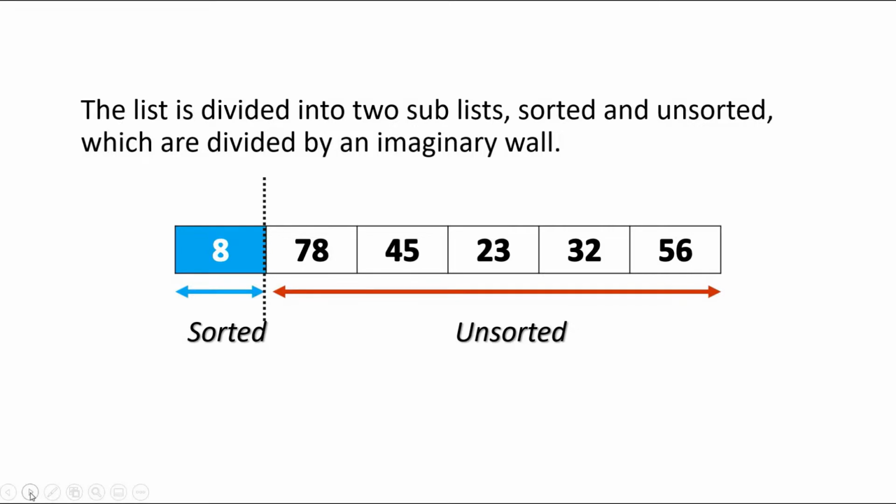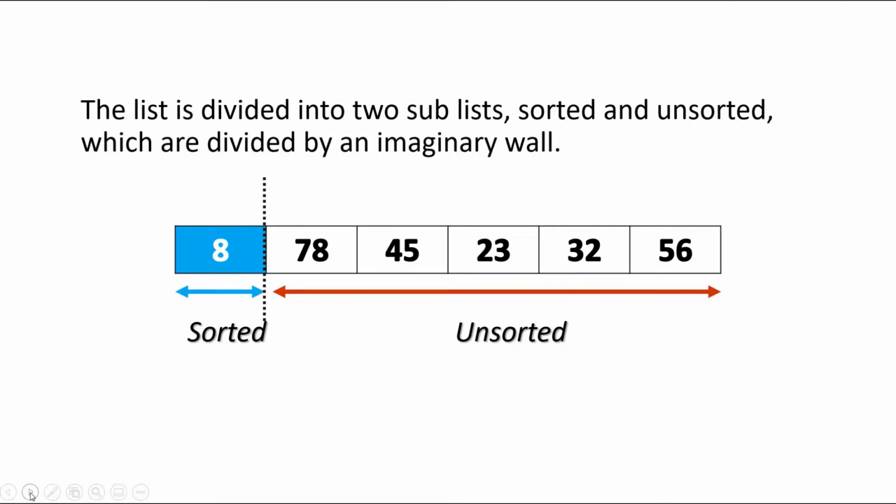Okay, now let's see how to use the selection sort algorithm to sort a list which is not sorted yet. There are several steps, and step 1 is that the list is divided into two sublists, sorted and unsorted, which are divided by an imaginary wall. Here I have denoted the sorted subarray and unsorted subarray, or you can say sorted sublist and unsorted sublist.